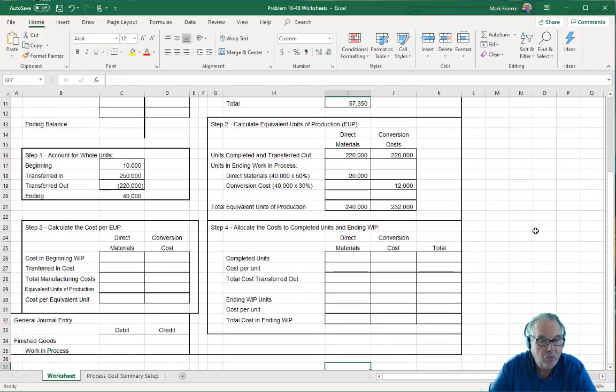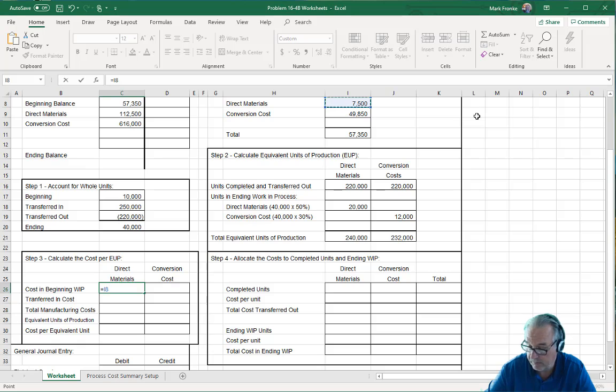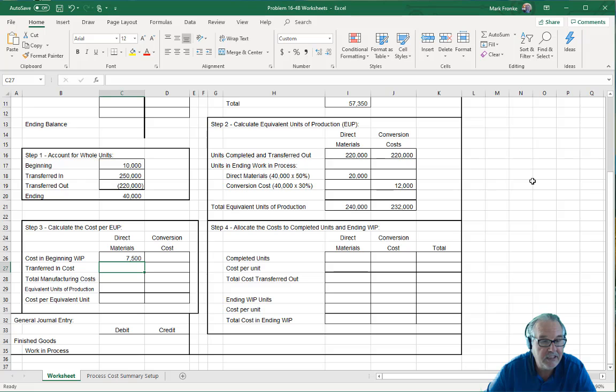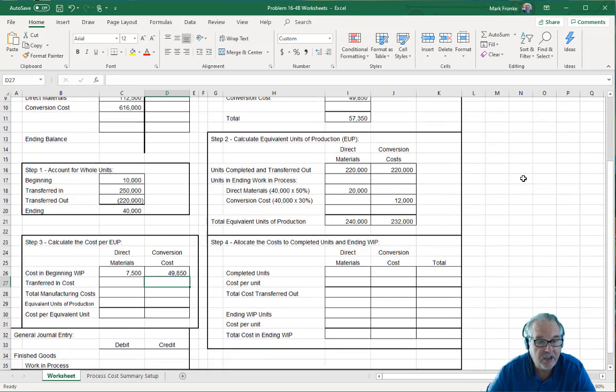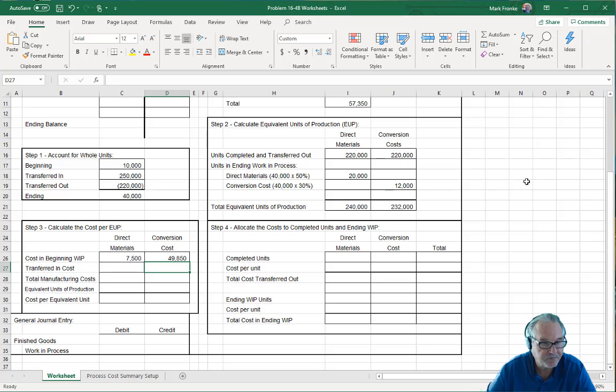So now that we have our equivalent units, we can calculate the cost per equivalent unit for direct materials and for conversion costs. We have to do these separately. So we had 7,500 in direct materials in the beginning work in process, and we had 49,850 in conversion cost at the beginning.